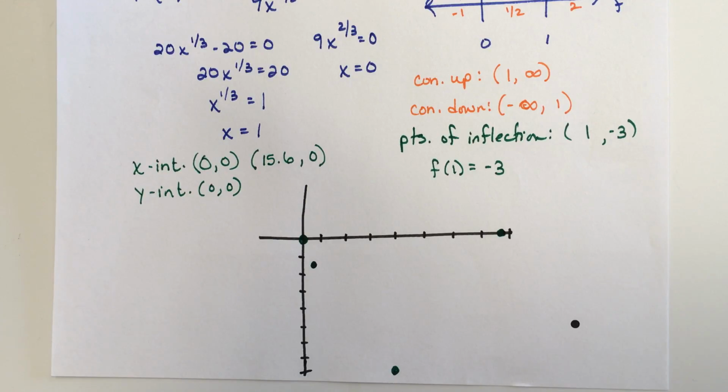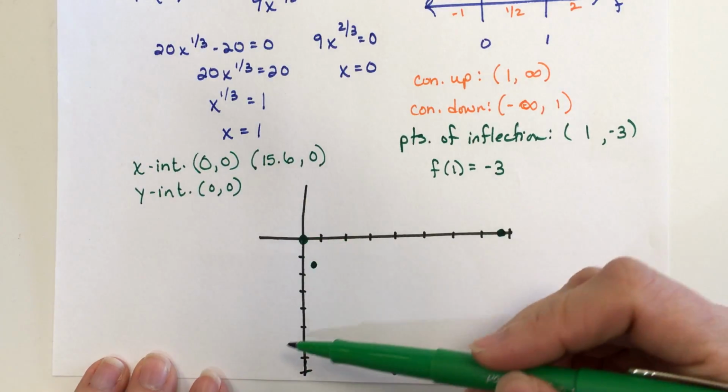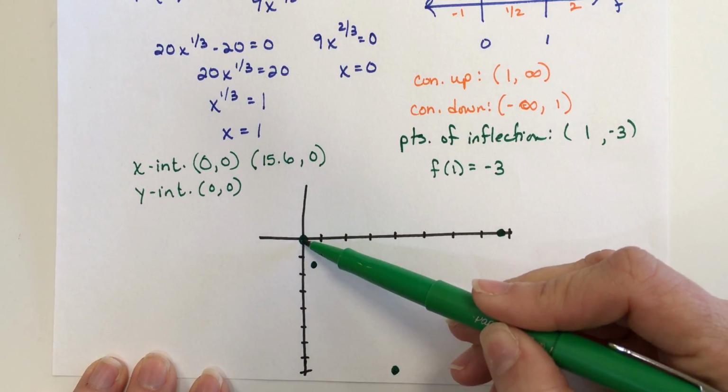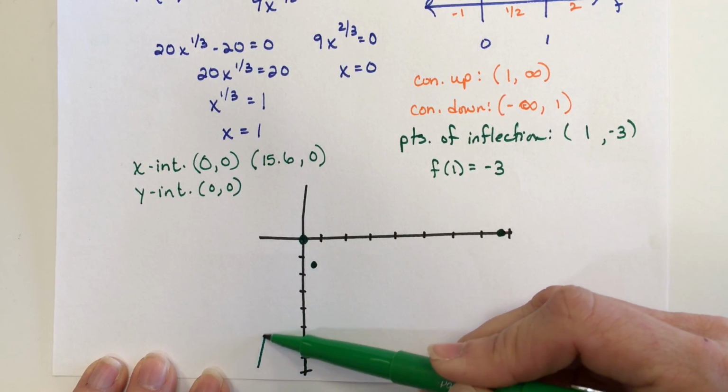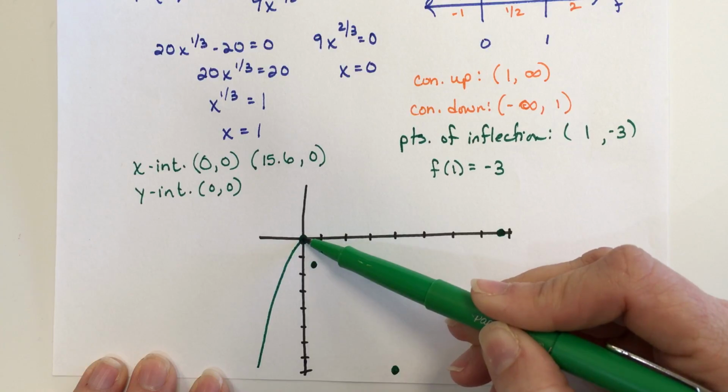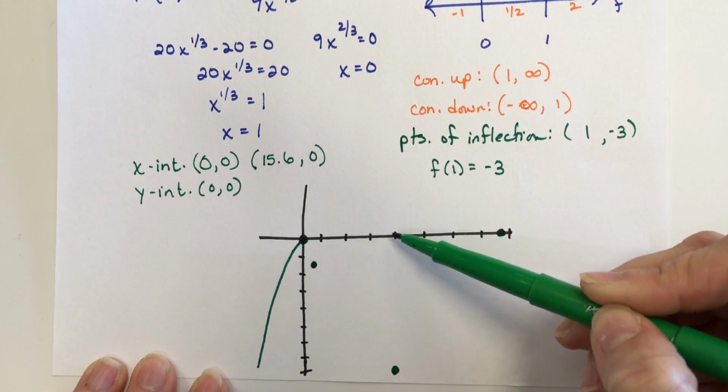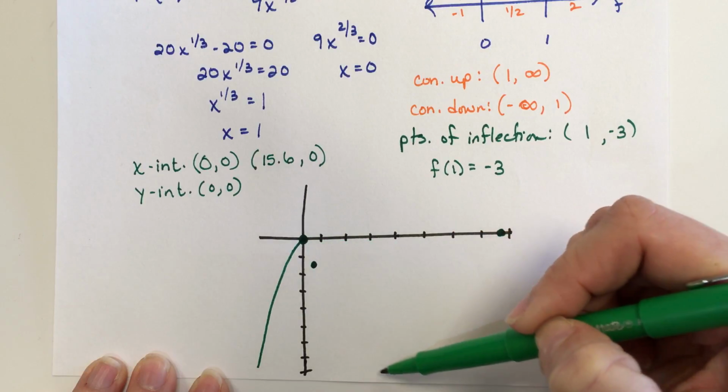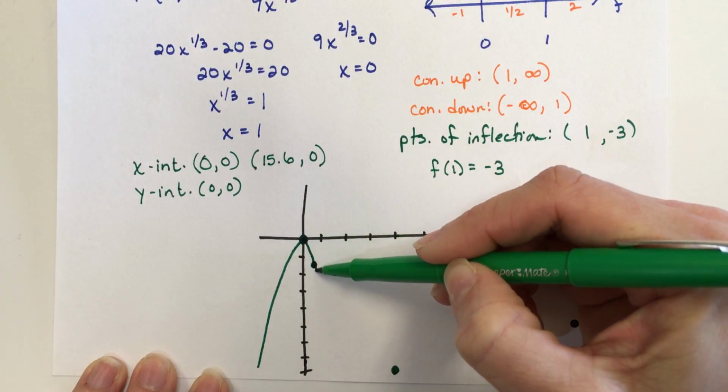But this is where your increasing and decreasing can come in. If you go back up, negative infinity to 0 was increasing. So starting on the left, you're going to increase until you get to x equals 0. But then from the 0 over here to the 8, you've got to decrease. Okay, so this is going to come down to here.